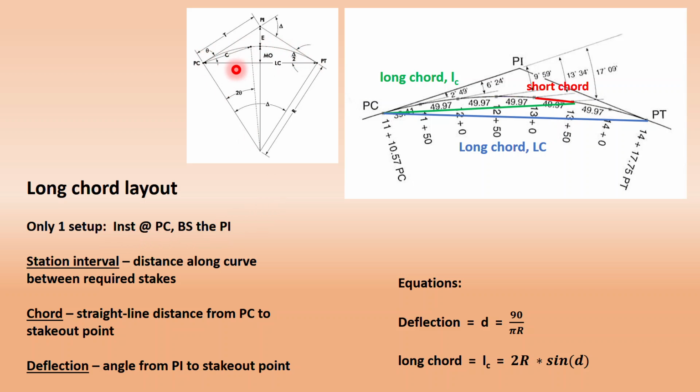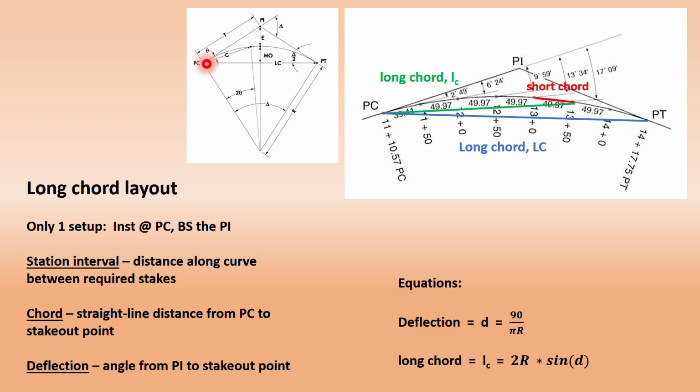It's not likely you're going to be able to see from the PC two distances along a curve that large. There's going to be some topographic change that creates visual obstructions. There might even be some features in the way, vegetation or trees or something.